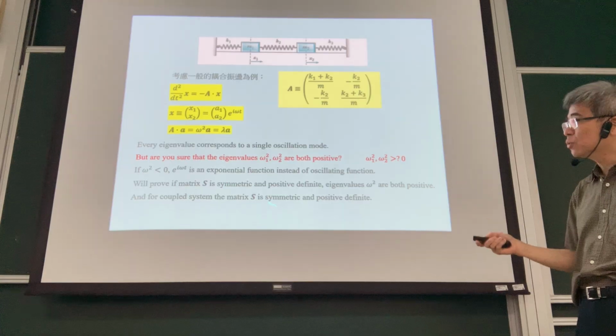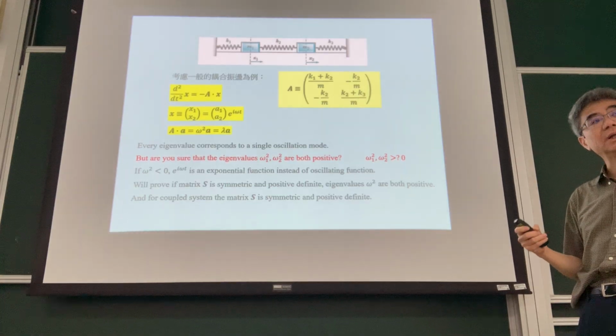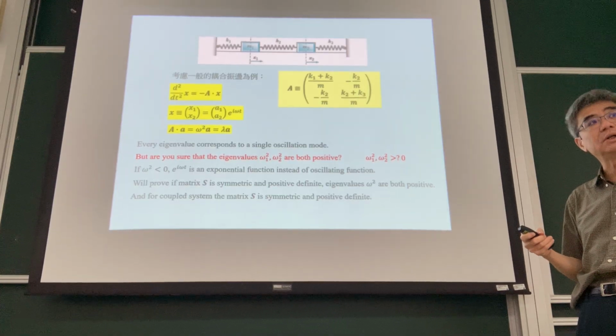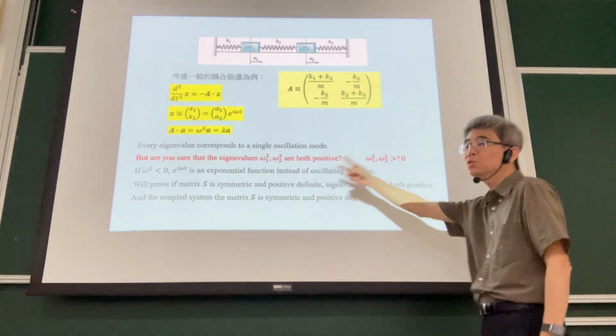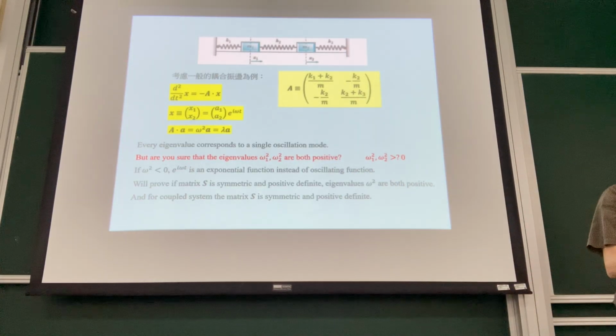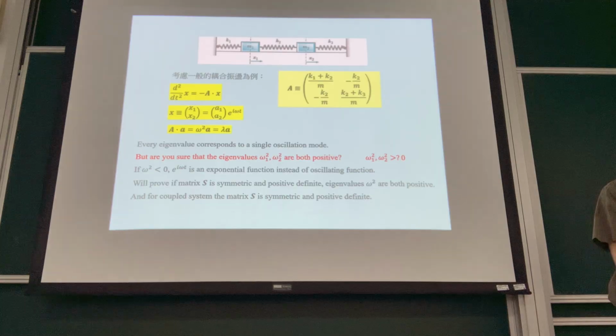But what we have until this point, the characteristic equation is second order, only guarantees there are two solutions. Not necessarily positive, not necessarily real.